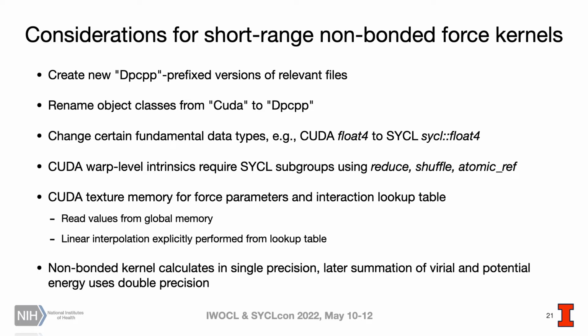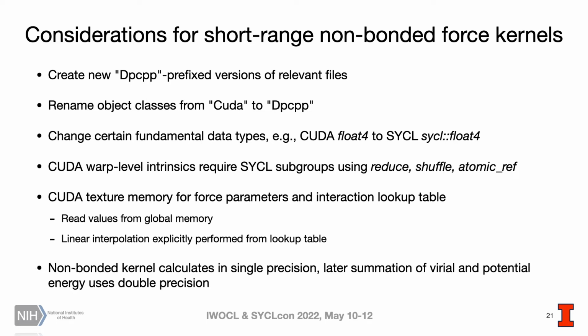The use of CUDA warp level intrinsics in the short-range non-bonded force kernels required SYCL subgroups using reduce, shuffle, and atomic ref operations. The CUDA version makes use of the special texture memory for looking up force parameters. The texture memory unit has special hardware to perform linear interpolation from a lookup table, which we use for calculating force and energy values.